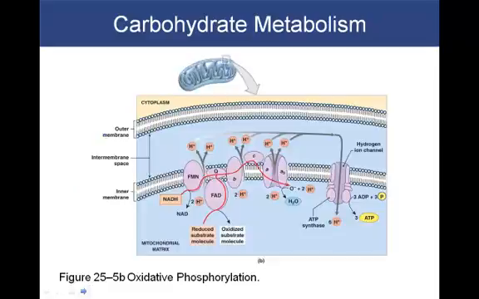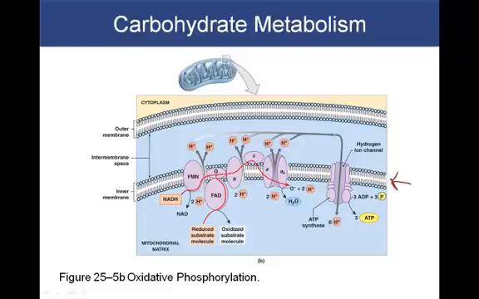This is kind of an overview of the electron transport system. What we find is that on the inner membrane, we have a number of proteins, and they all have individual names, but for now I think that we're just going to identify them as proteins.